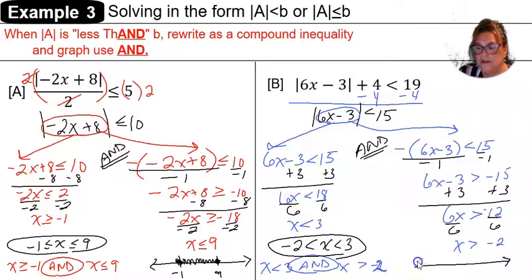Or we can represent that solution set on a number line with open circles at our endpoints of negative 2 and 3. And we're going to shade between because it's an "and" inequality. The x's are greater than negative 2, so we shade up. They are less than 3, so we shade down. And that shading overlaps in the middle.